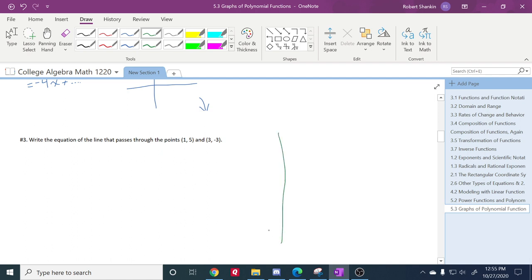All right, and before I do this one, I'm going to just visualize it a little bit. 1 over, 1, 2, 3, 4, 5 up. 3 over, and 3 down. And then the line between those two here.